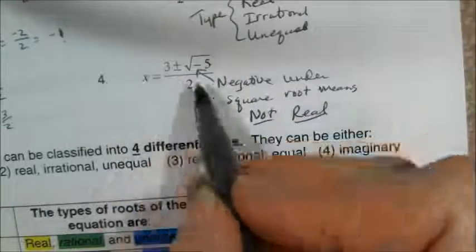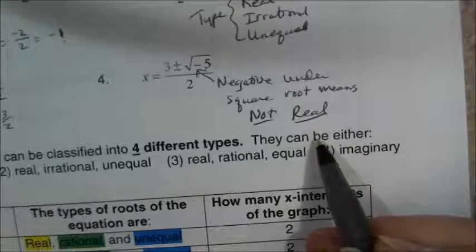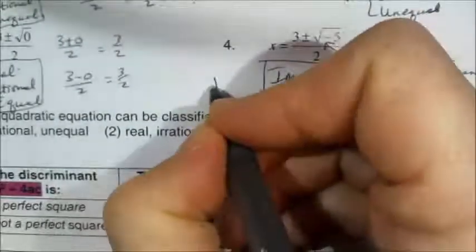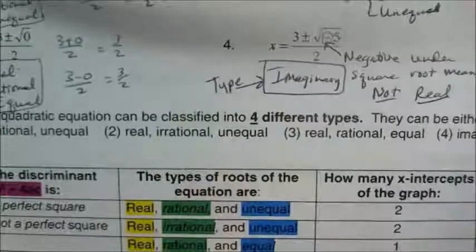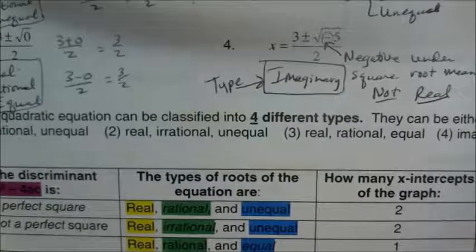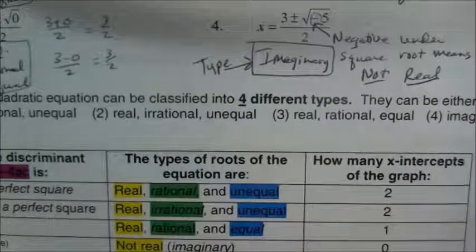So these x values are not real numbers, they're imaginary. We're just going to call it imaginary and stop right there. We don't have to classify it with the green and blue type up here. They are imaginary because you can't take the square root of a negative number, at least we don't know how yet.